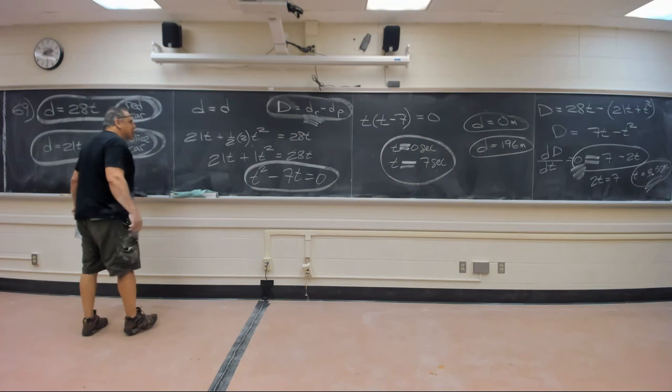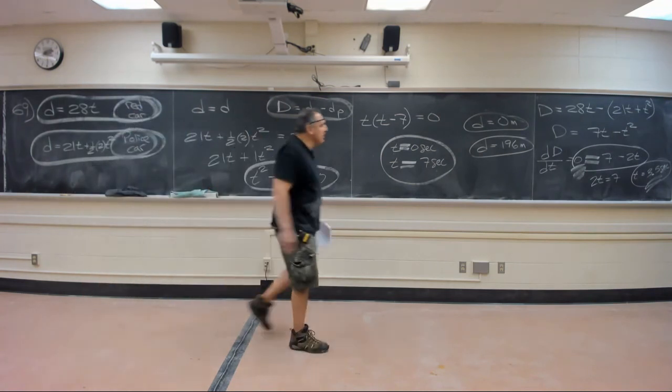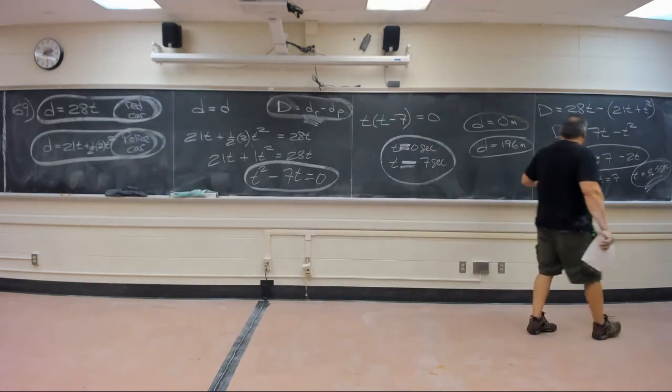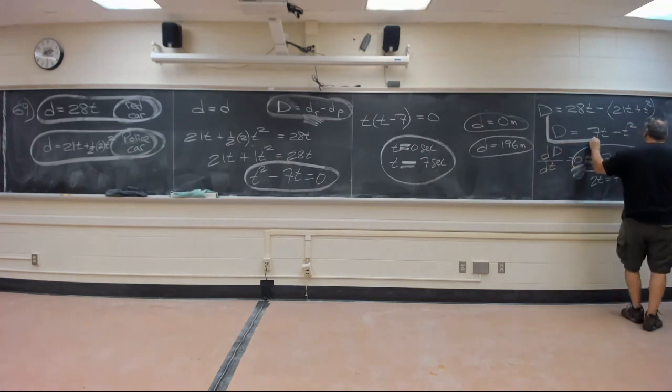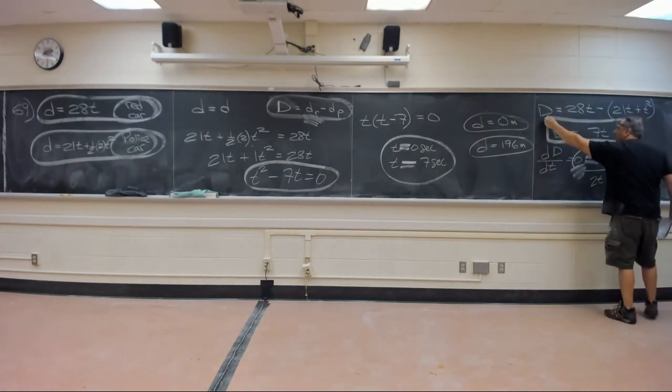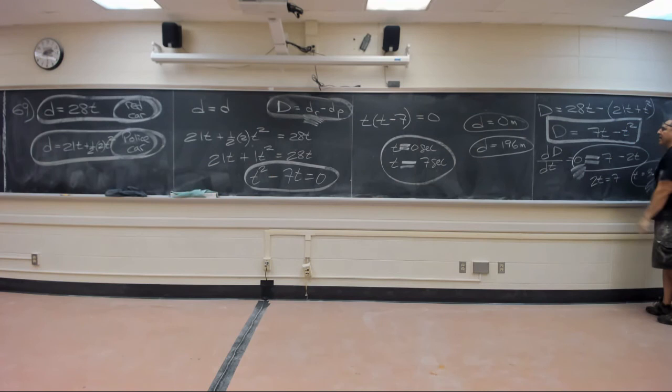The maximum distance apart is going to occur there. If that's the case, put 3.5 right here. 3.5 times 7, and here put 3.5 times 3.5.